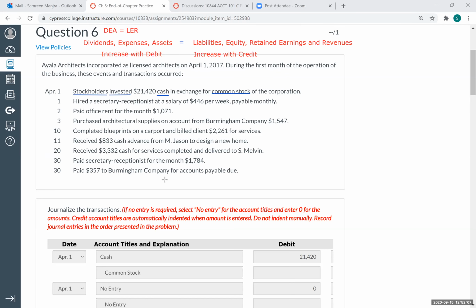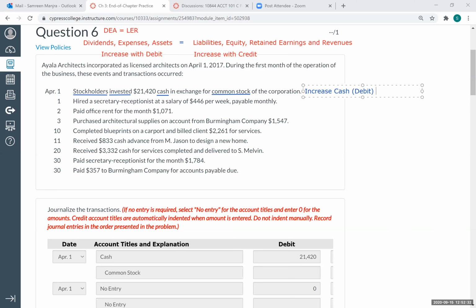When you know what accounts are being impacted, then you can apply the debit and credit rules. In this first transaction, we notice that there is an increase in cash. Every time cash goes up, that means an asset has increased, and that will be a debit.